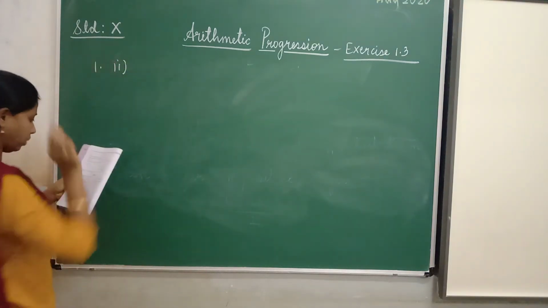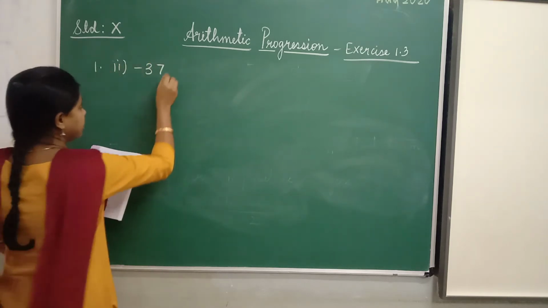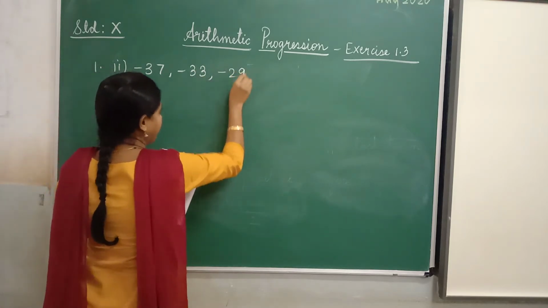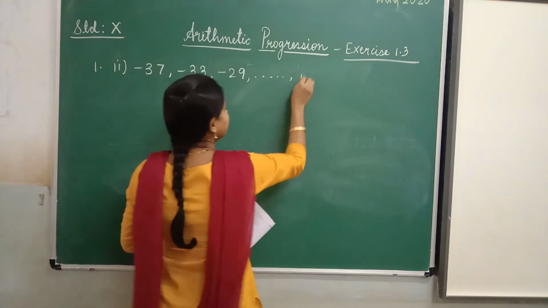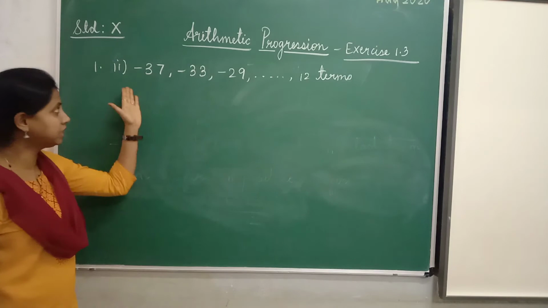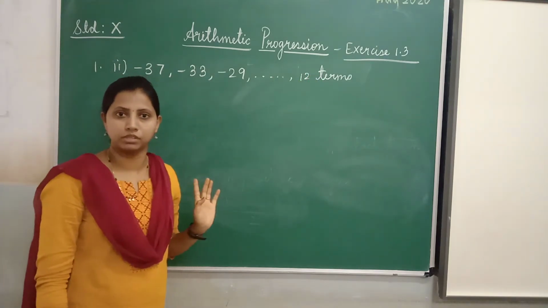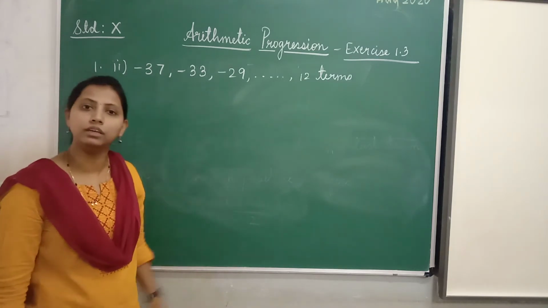I will show you the second one, the terms given are minus 37, minus 33, minus 29 and so on till 12 terms. Okay, you have to find the sum of 12 terms of this particular AP.